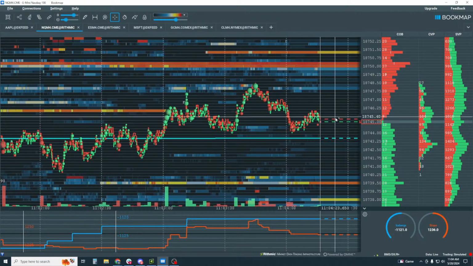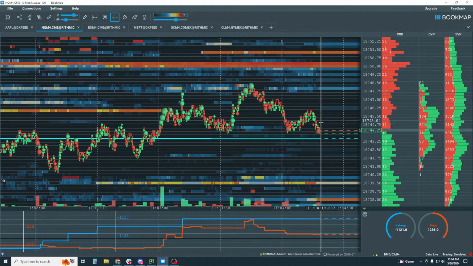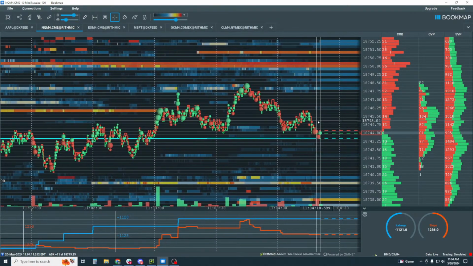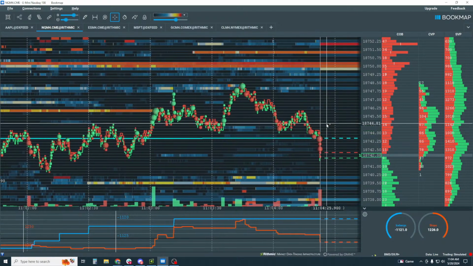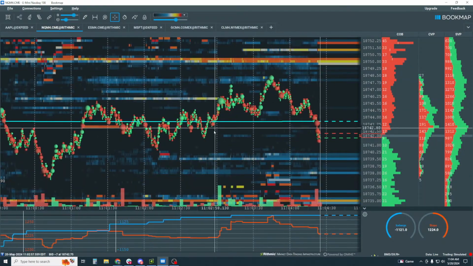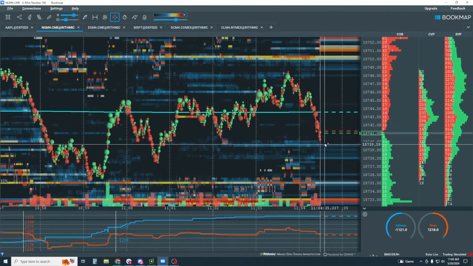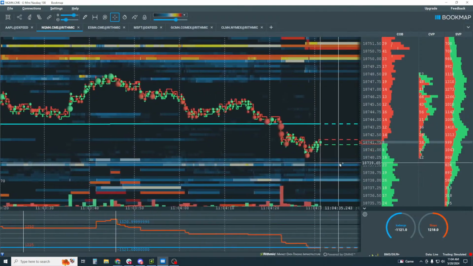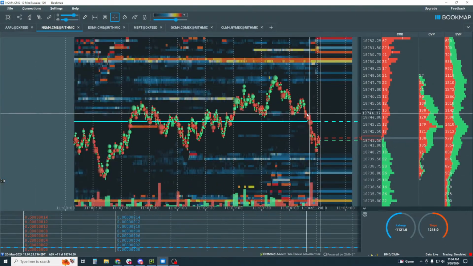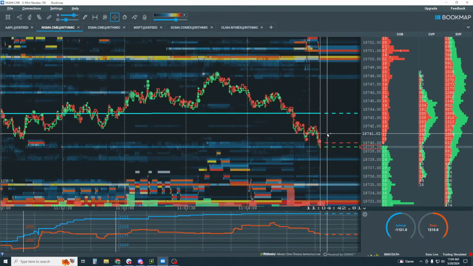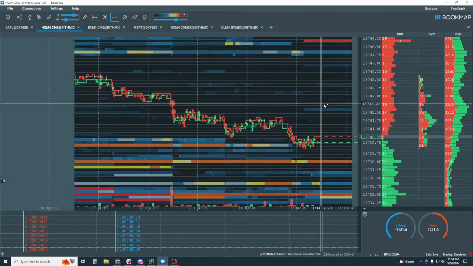If they do, we can look for taking a position, a quick scalp. Nothing, right? Sellers take it back down to the bottom of the range, to this liquidity here. Let's see if we see a reaction to some of this liquidity down here.